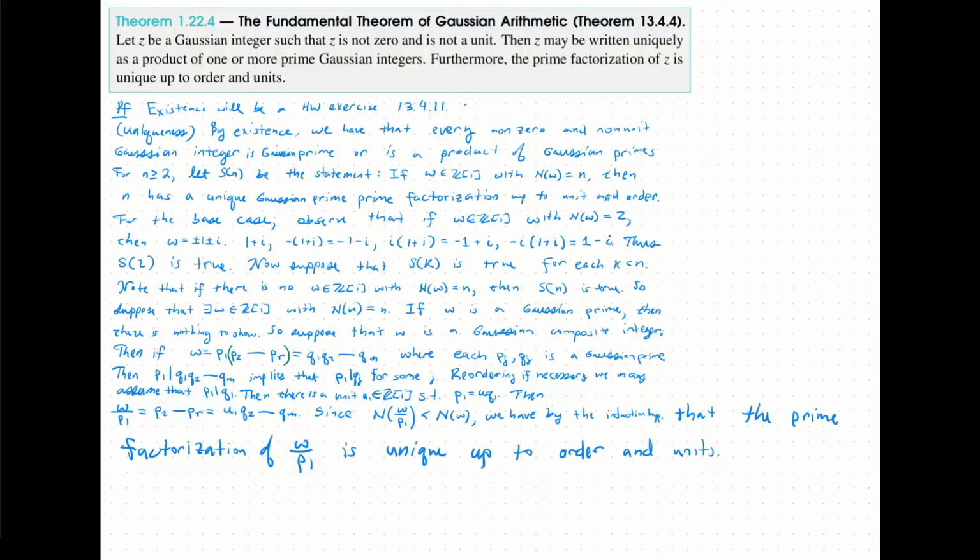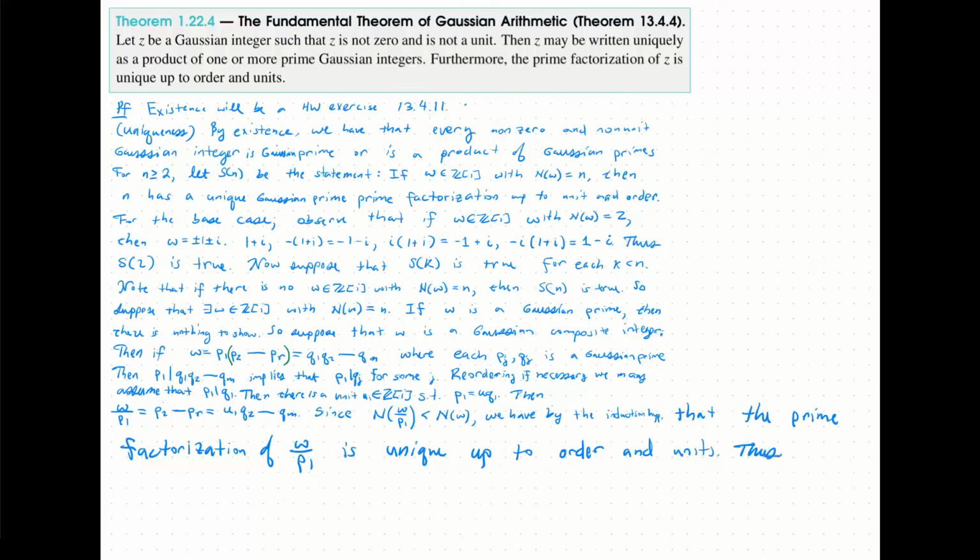But we know that w over p1 is going to be p2 through pr, and also u1 times q2 to qm. The uniqueness up to order and units allows us to say that after a reordering, p2 is equal to a unit times q2, and then similarly pr is going to be equal to a unit times qr.